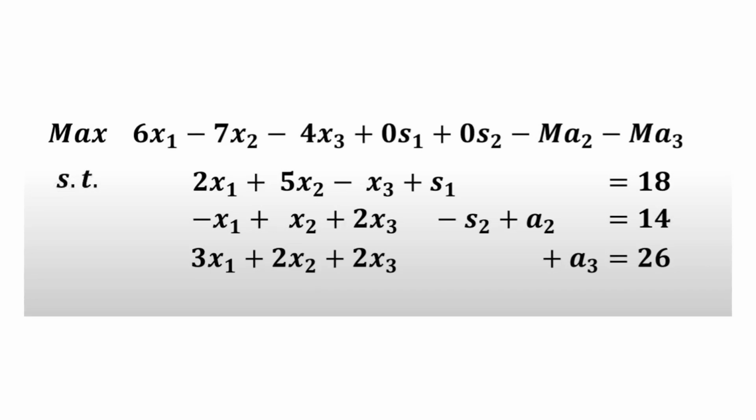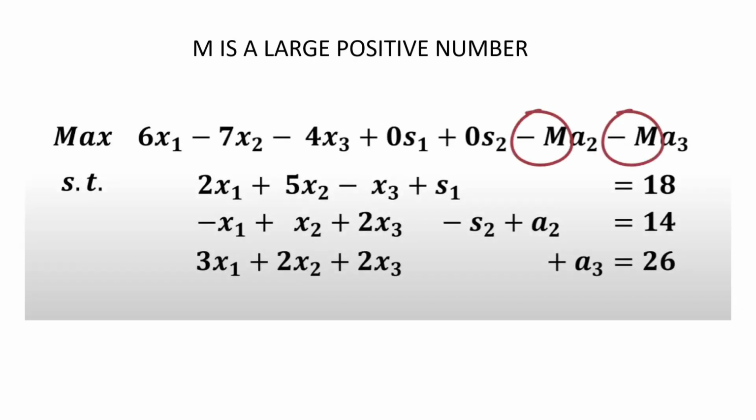We denote them a2 and a3 here to match the constraint number. You may prefer to denote them a1 and a2 to indicate that the first and second artificial variables are introduced.